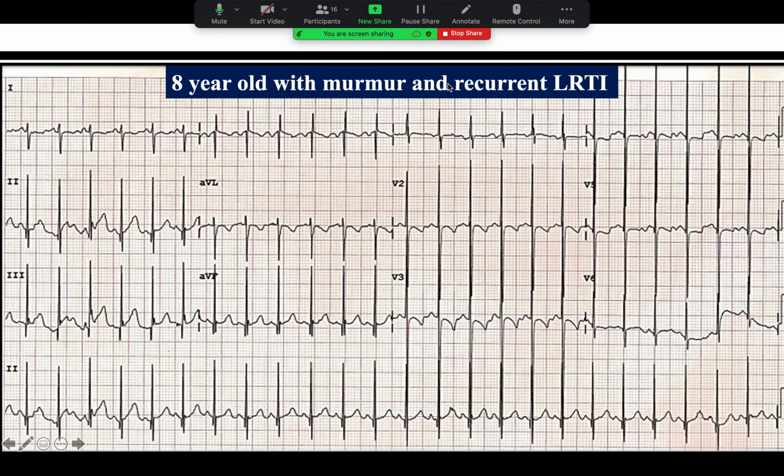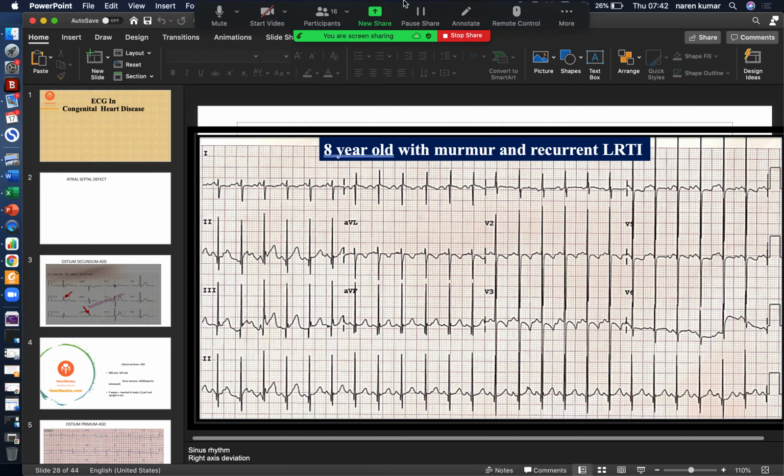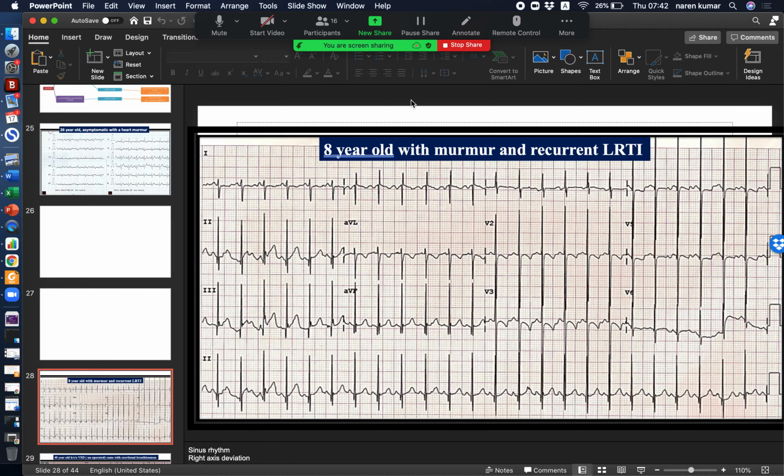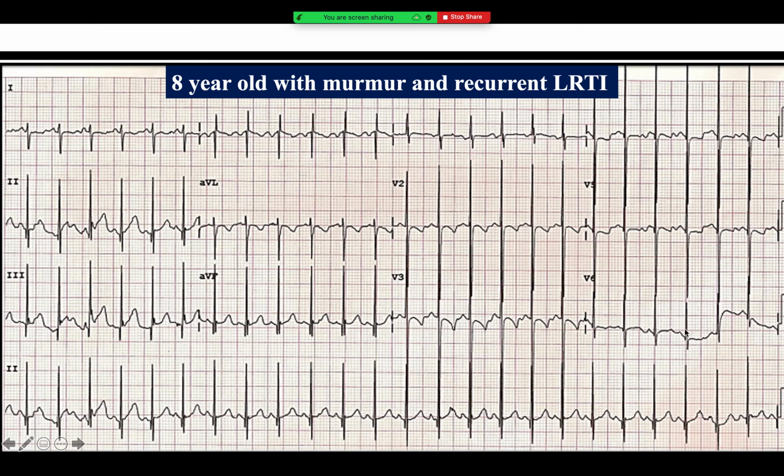So what do you think? Come on, have a look on the ECG at the steps which I had said already. So what do we notice? It's a young guy. I already gave you the hint. It is, of course, congenital heart disease.